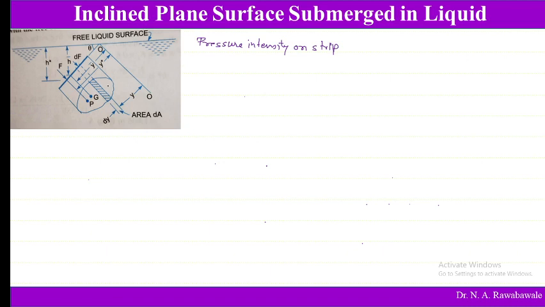So we have considered one small strip, and on this small area, the pressure intensity P is equal to rho g h, because this is at a distance of h from the free surface. So this vertical distance is called the h distance. We call this equation number 1. So this is the pressure intensity.